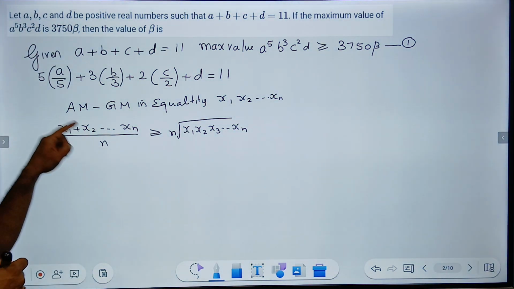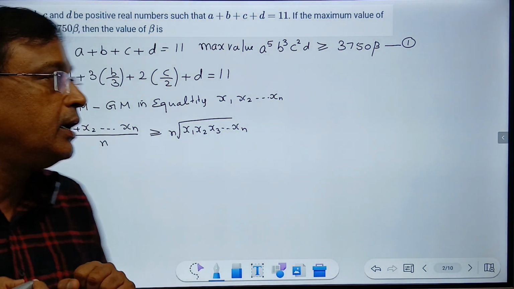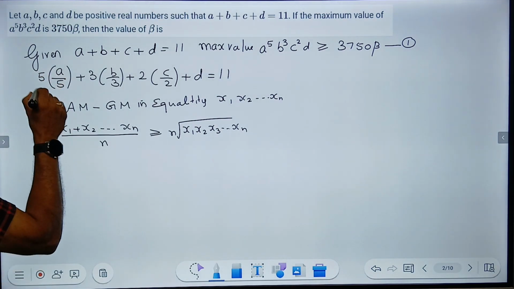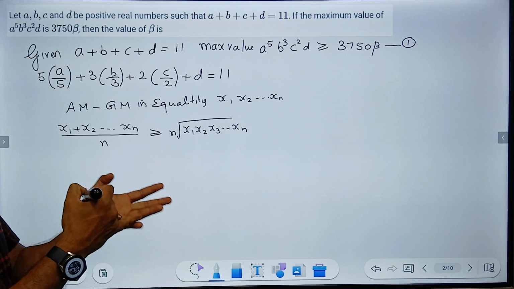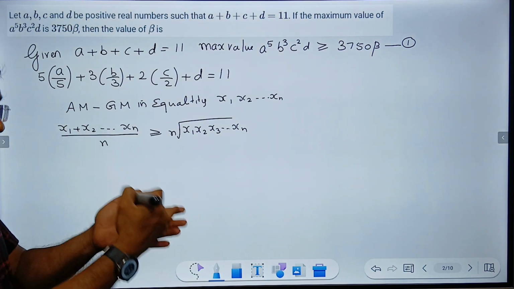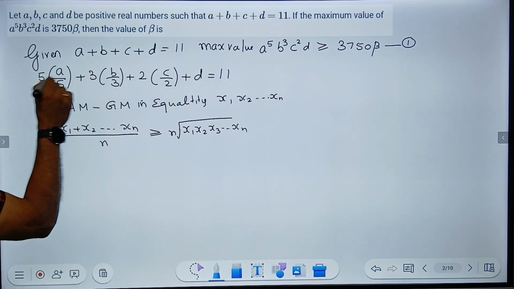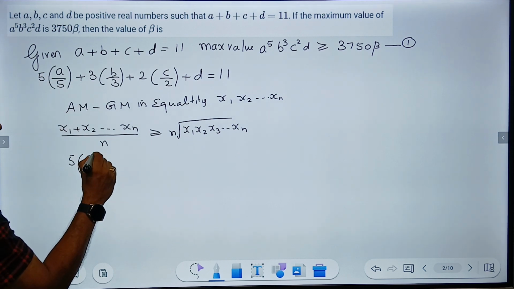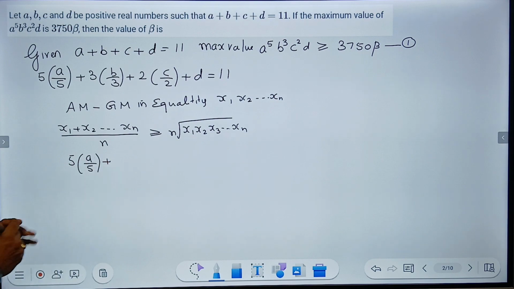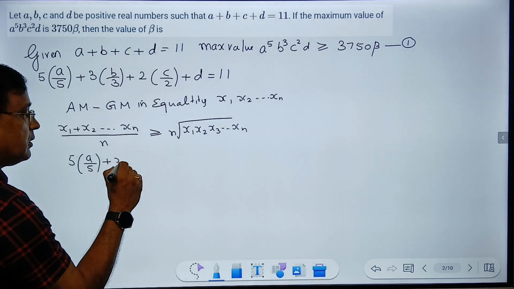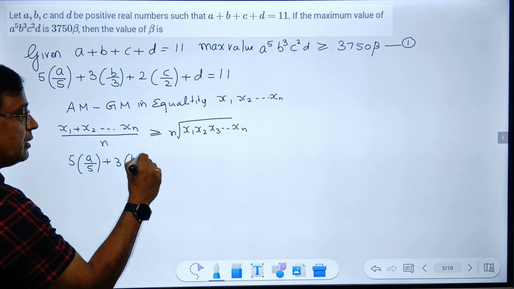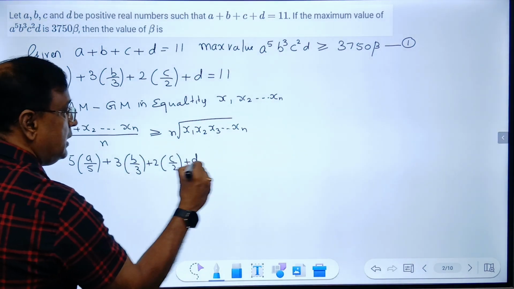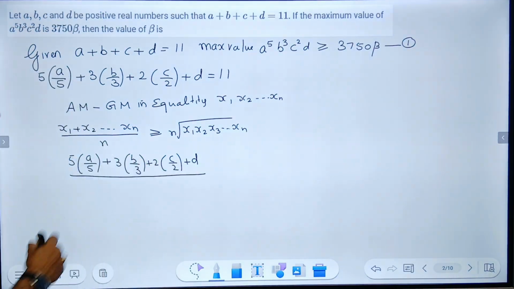Now what are x1, x2, x3 and so on for me? These are the numbers. My x1 is A by 5, x2 is A by 5, x3 is A by 5. So if I add 5 times A by 5, plus 3 times B by 3, plus 2 times C by 2, plus D, divided by how many terms are there?